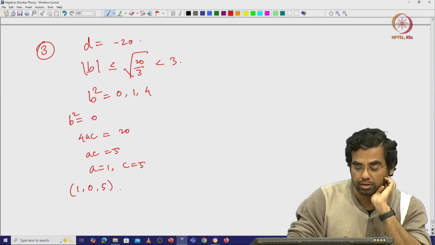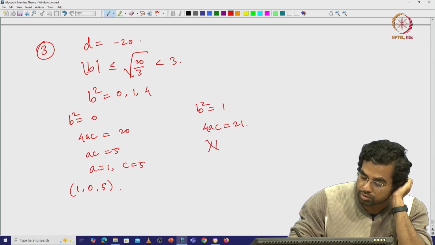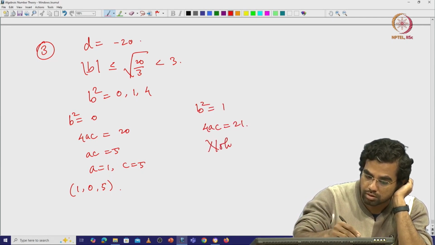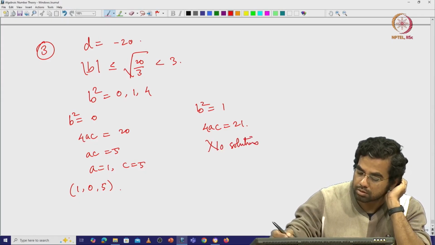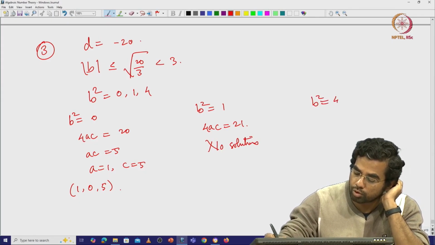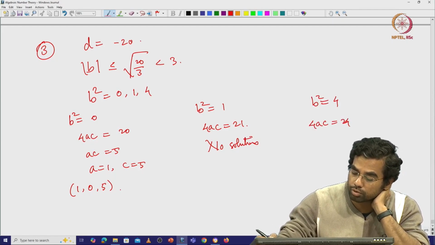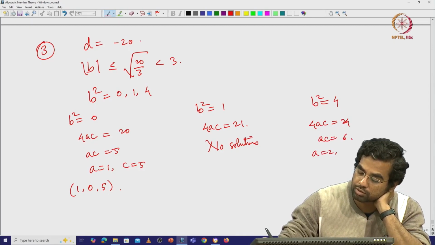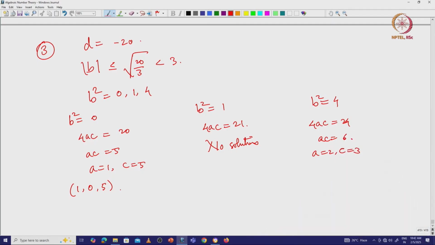as one possible binary quadratic form. Now, let us take b squared equal to 1, then 4ac is equal to 21, and this has no solutions. b squared equal to 4, then 4ac is equal to 24, and so ac is equal to 6, and so a is equal to 2, c is equal to 3.